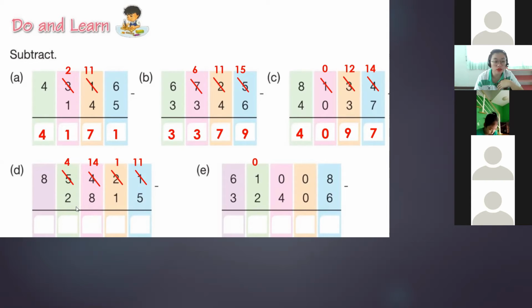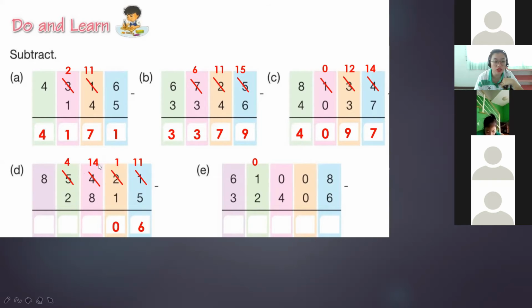For letter D, we have the numbers 85,421 minus 2,815. We can see here that in the minuend, 1 is smaller than 5, so we have to borrow from 2. So 2 will become 1 and 1 will become 11 so that we can subtract from 5. 11 minus 5 is equal to 6. 1 minus 1 is equal to 0.